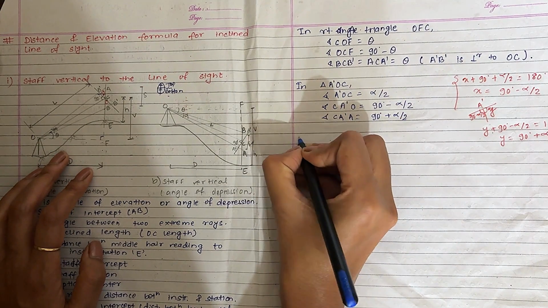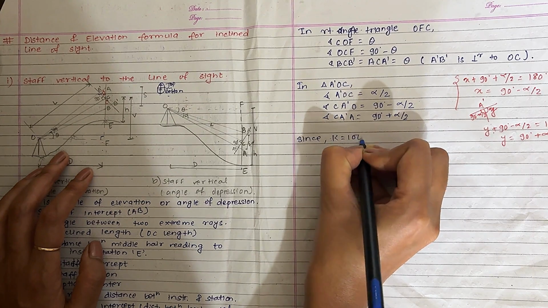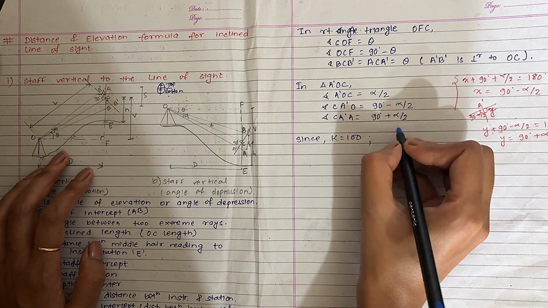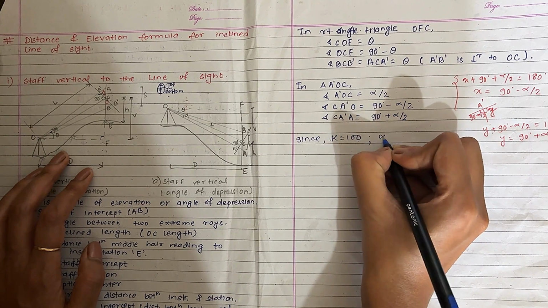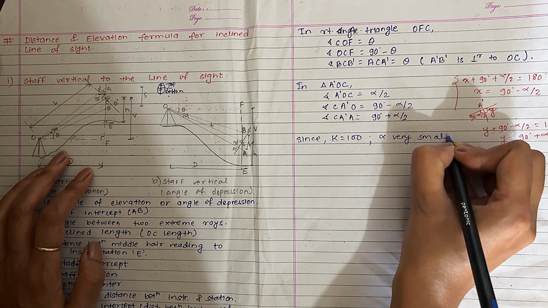Since K is equal to 100, we assume alpha is very small, which can be negligible.